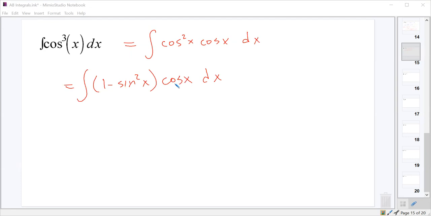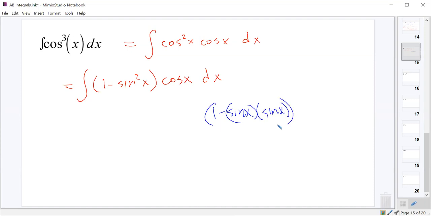I'm not sure what you want me to do. You can separate it into sine x times sine x. And I could write that as 1 minus sine x times sine x.